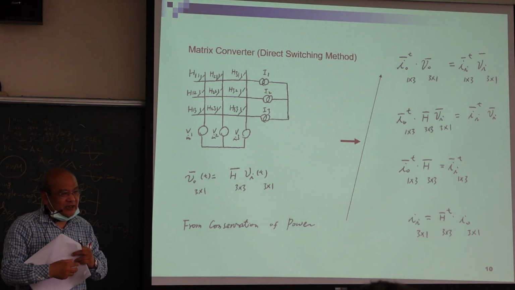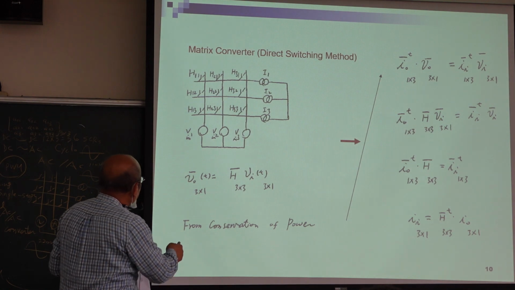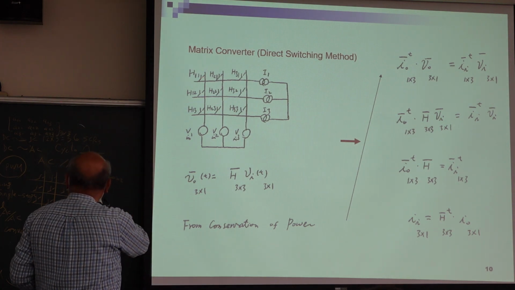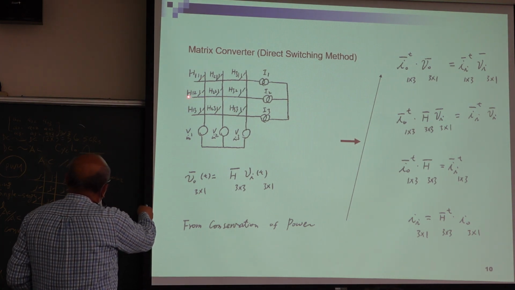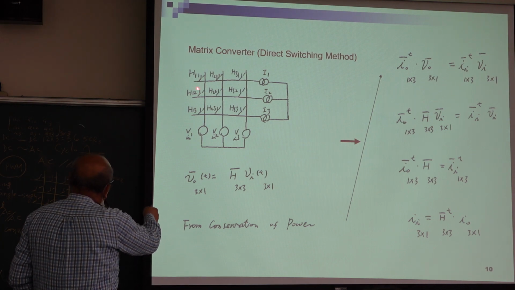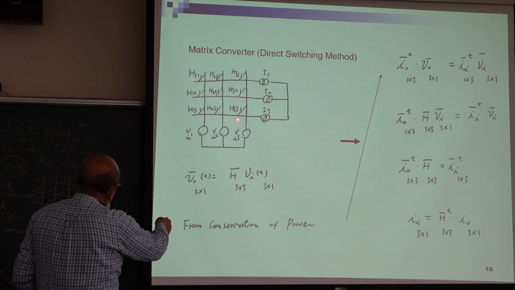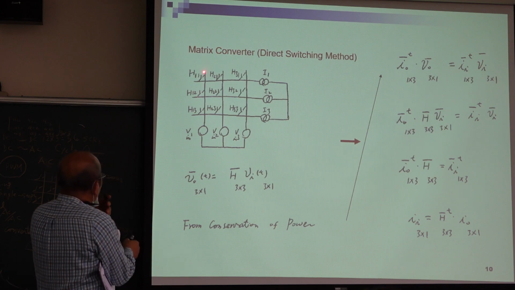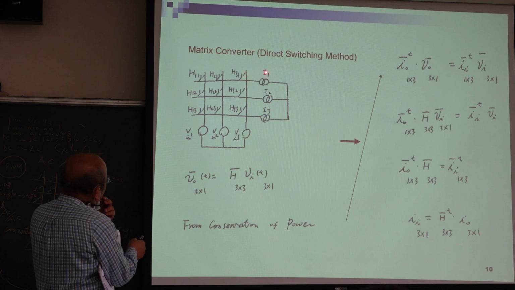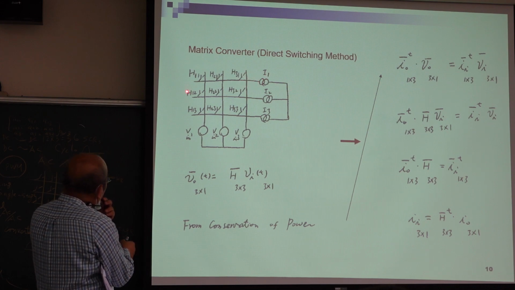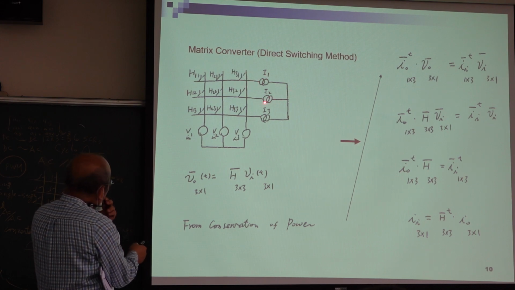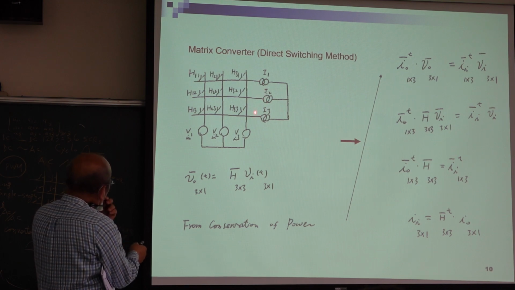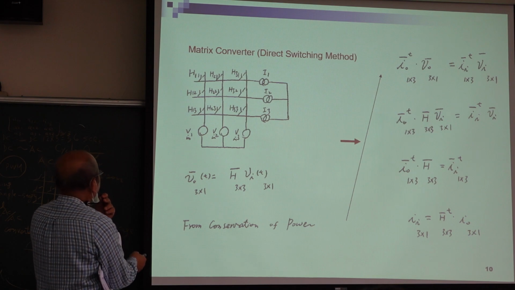So this is like this. We have H11, H21, H31, H12, H22, H32, H13, H23, H33. So in total 9 switches. This one determines the A phase output, this one determines the B phase output, and this one determines the C phase output.